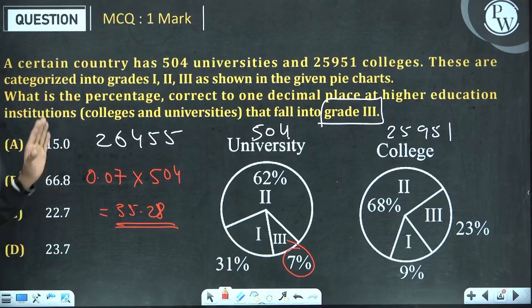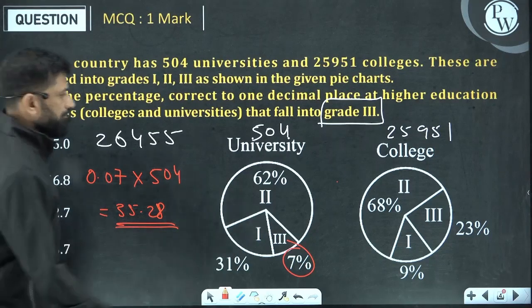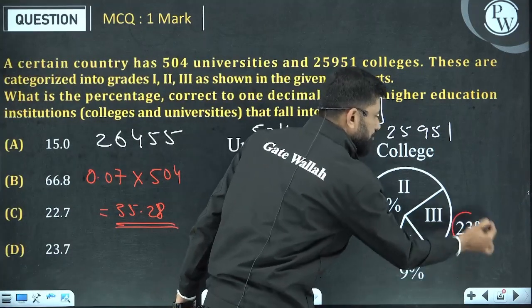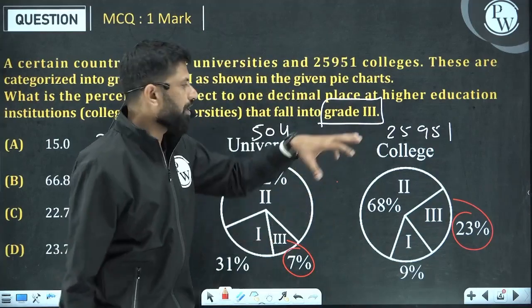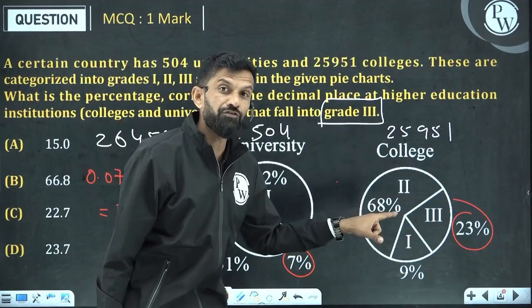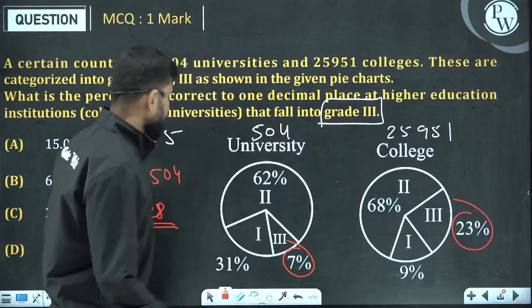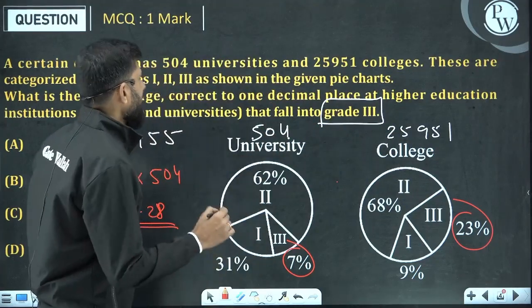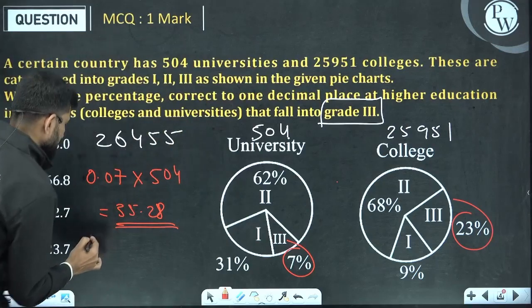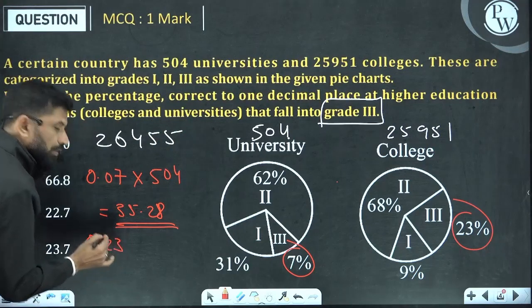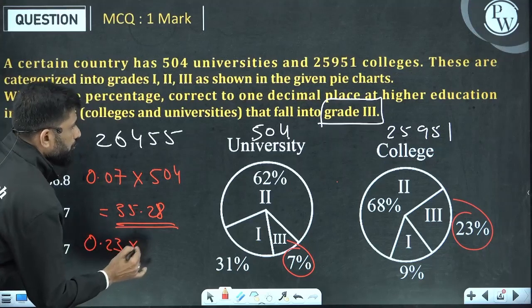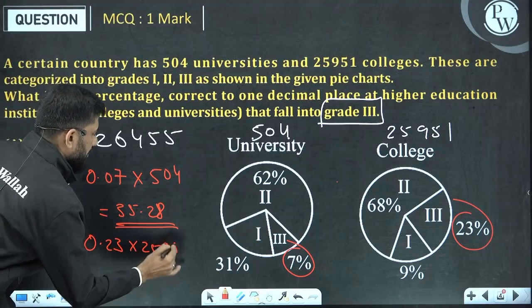Now let us talk about the colleges. If you see in grade 3, there are 23% of the colleges which fall in grade 3. So what we have to do? We have to find 23% of 25,951. Finding 23%, actually what should we do? 0.23. This is 23% of 25,951.